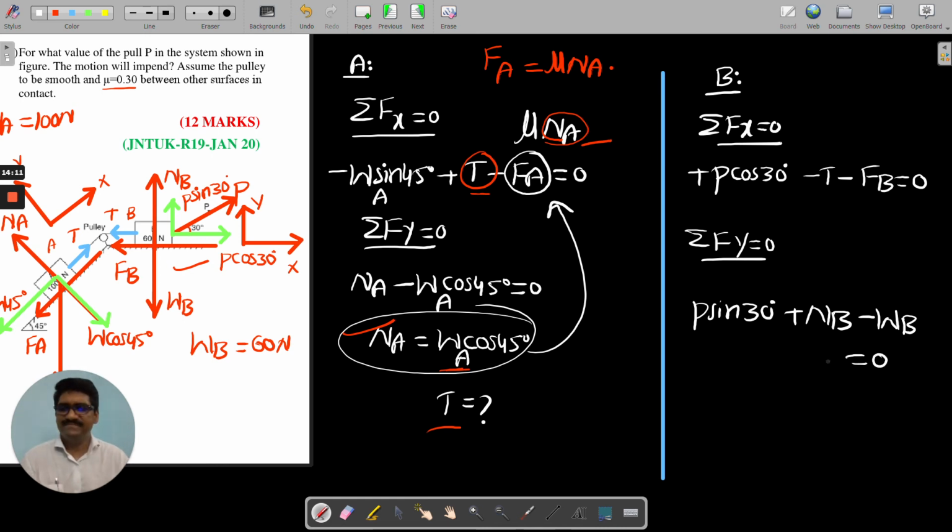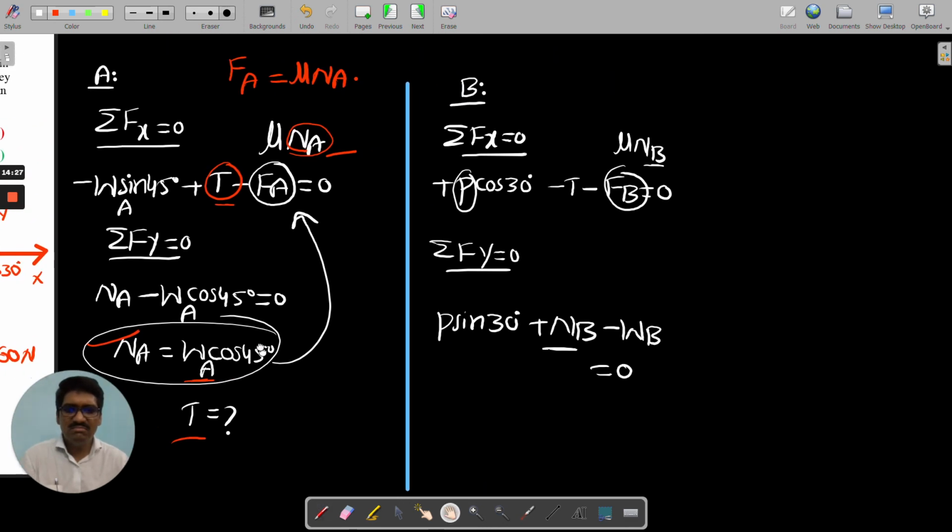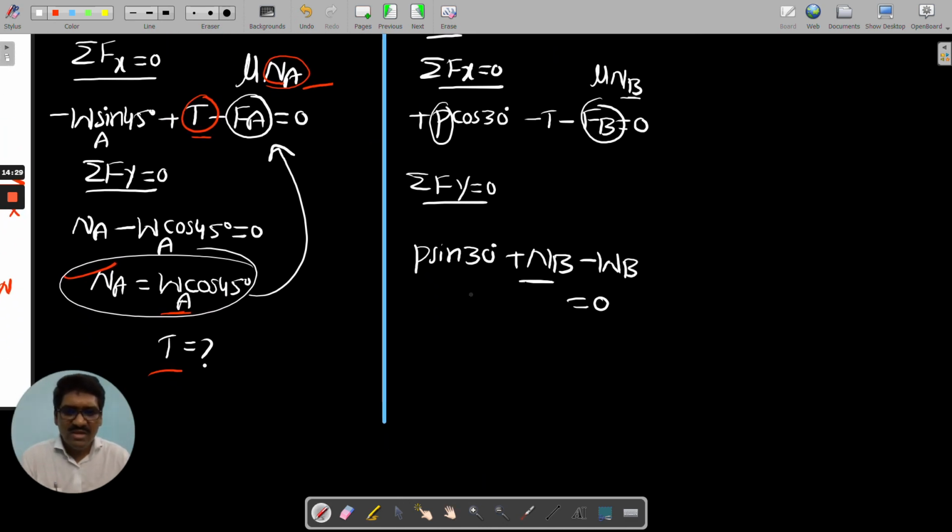Now can I say that FB stands for mu multiplied by NB? Friction. If you bring out NB and substitute here, then you can bring out the value of P. See, simple mathematics. From this equation I can write NB is equal to W minus P multiplied by sin 30.